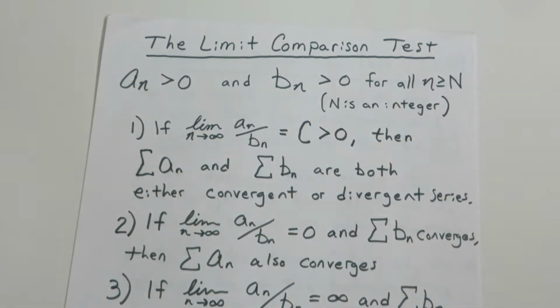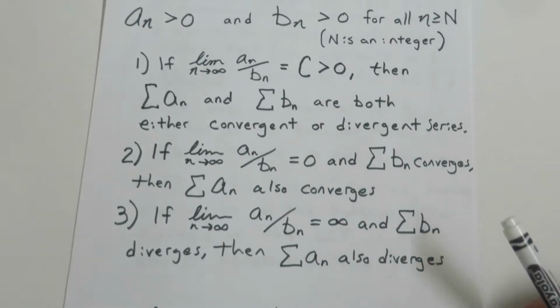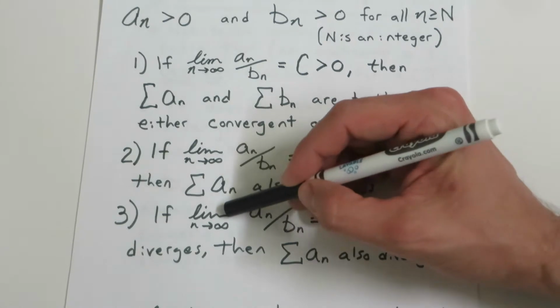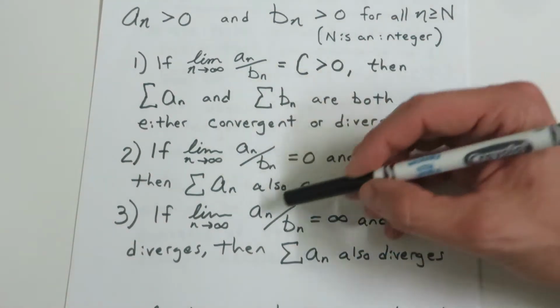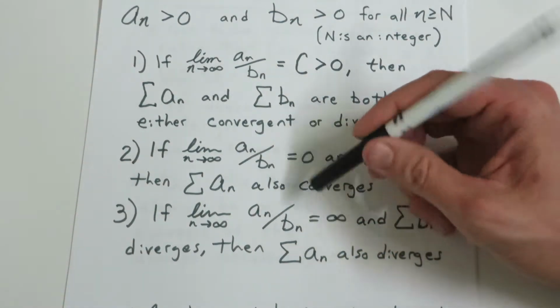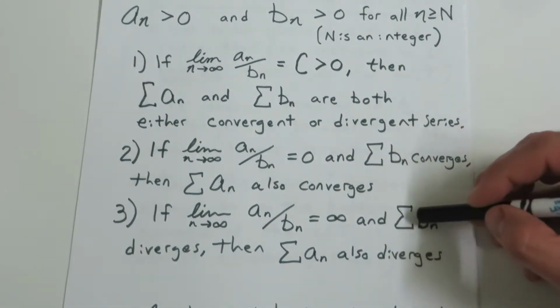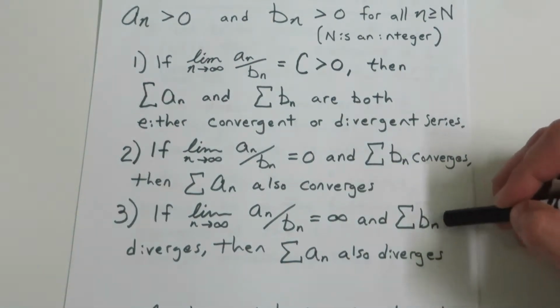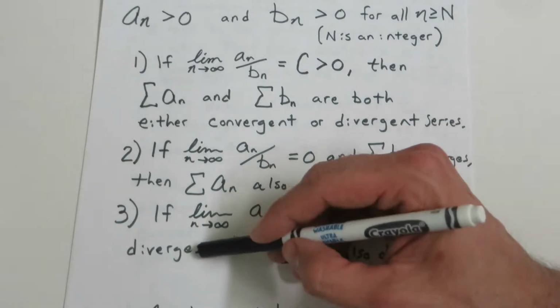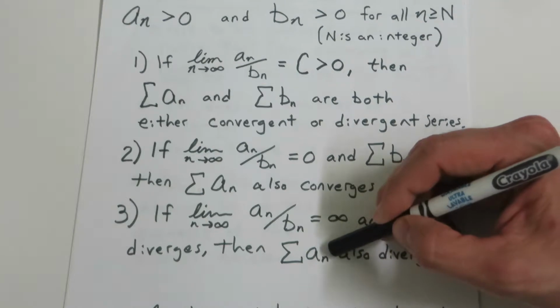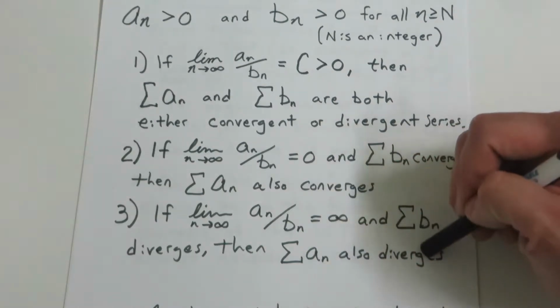And there's a similar thing happening with case 3 here. The third possibility is that if the limit as n approaches infinity of sequence A over sequence B goes to infinity and the series of B sub n diverges, then we can say that the series of A sub n also diverges.